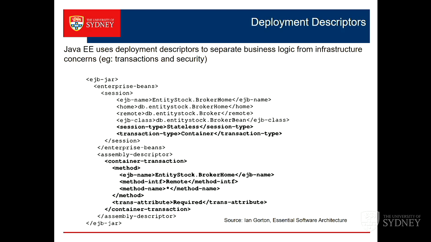So that's defining the jar, the archive, enterprise bean, there's some properties of the session, the stateless, container transaction type, describing the assembly, method interface, transaction required, so just attributes of that particular interface.